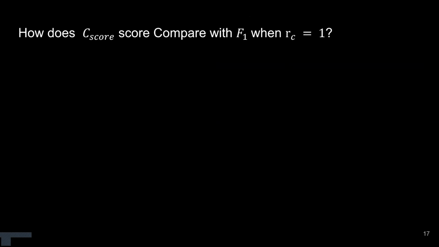One natural question is that when the cost ratio is 1, that is when you give equal importance to false positives and false negatives, is C-score the same as F1 score? So to be able to compare, this is what the F1 score is. To compare it with C-score, we have to convert it into a cost, because F1 is not really a cost, right?